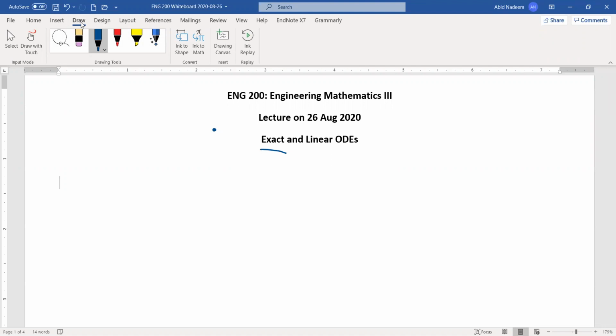So an exact equation is in this format: there is a function M times dx, and another function N times dy equal to 0, where M and N are functions of x and y.